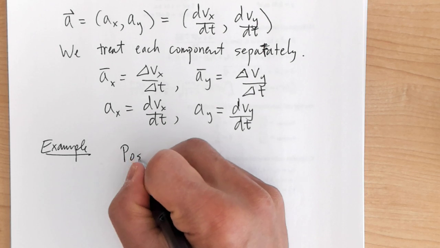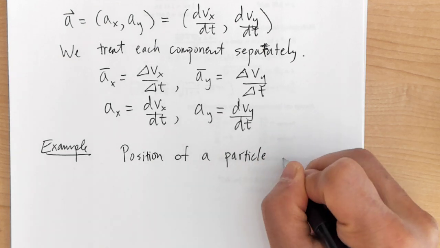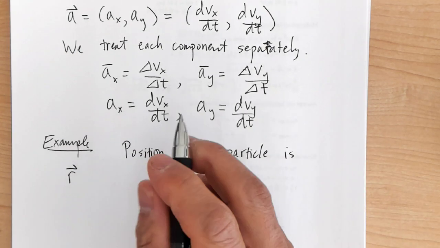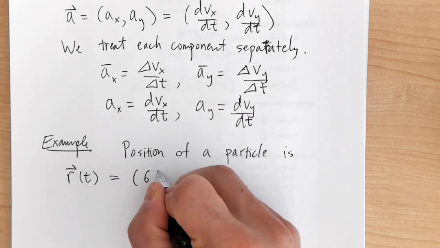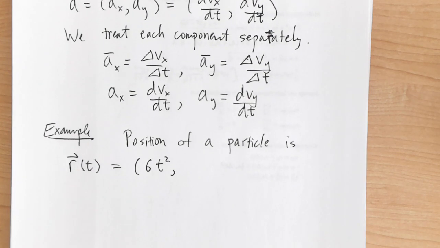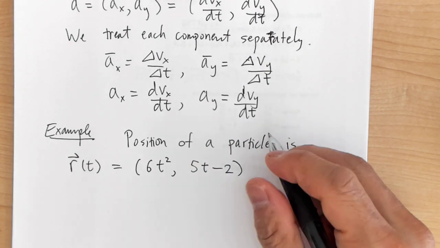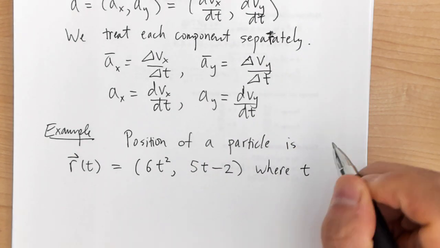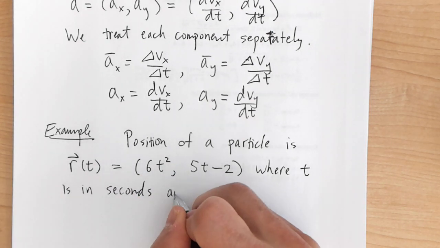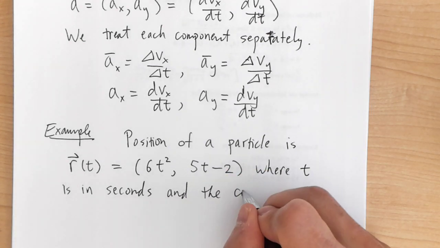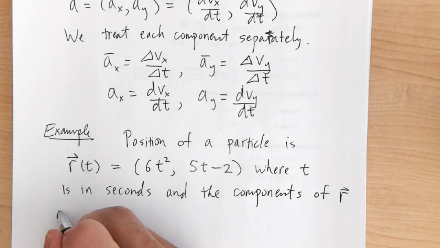Suppose the position of a particle is some position vector r, which is a function of the time t, and that's equal to, I'll write in terms of components, 6t squared, comma 5t minus 2, where t is in seconds, and components of r are in meters.